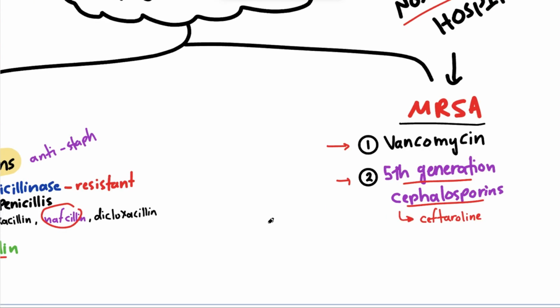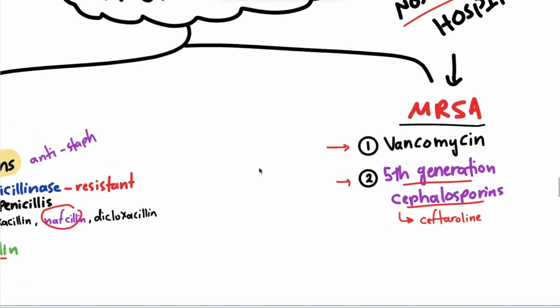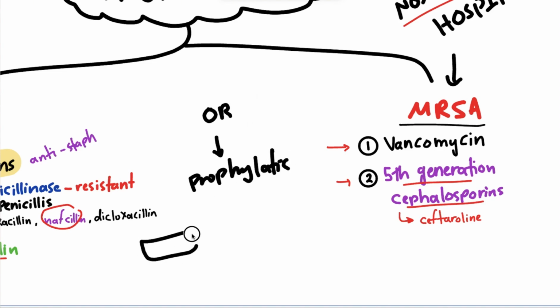One more thing that is worth mentioning about Staph aureus is this. If you see a patient going to the OR, what prophylactic antibiotic would you give them? Now, we have already said that Staph aureus colonizes the skin in 1/4 of the population.